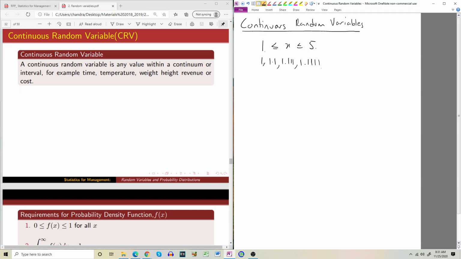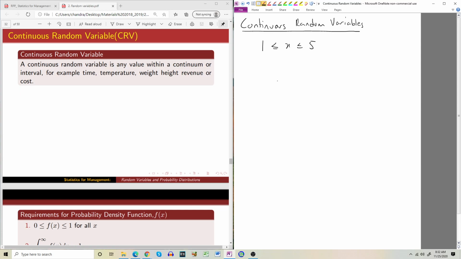So for the time being, what you can assume is, they have many decimal numbers. But if I ask you what is the discrete variable within 1 to 5, then the answer is 1, 2, 3, 4, 5. This is discrete. Discrete we have done. Now we are going for continuous random variables.